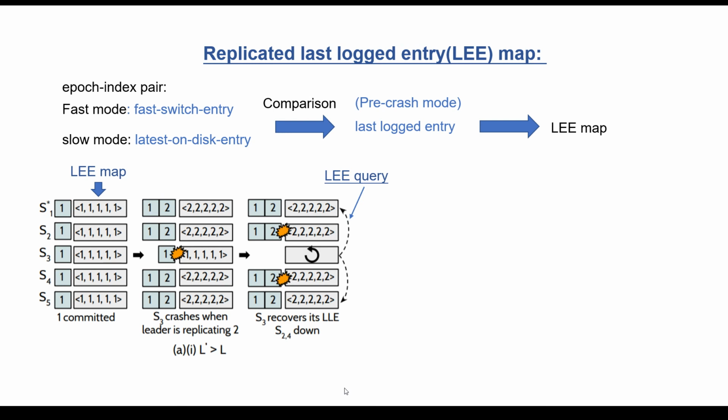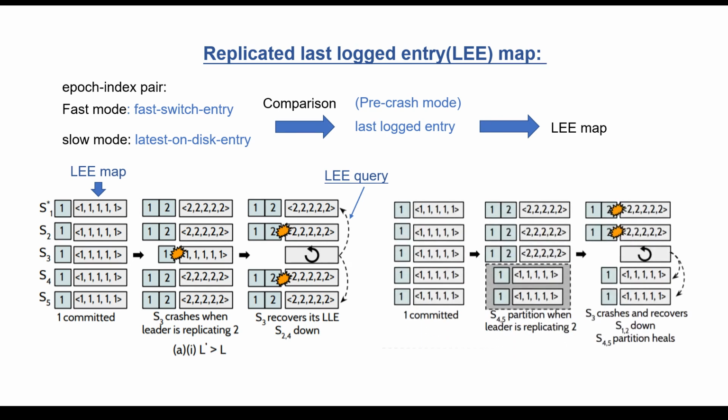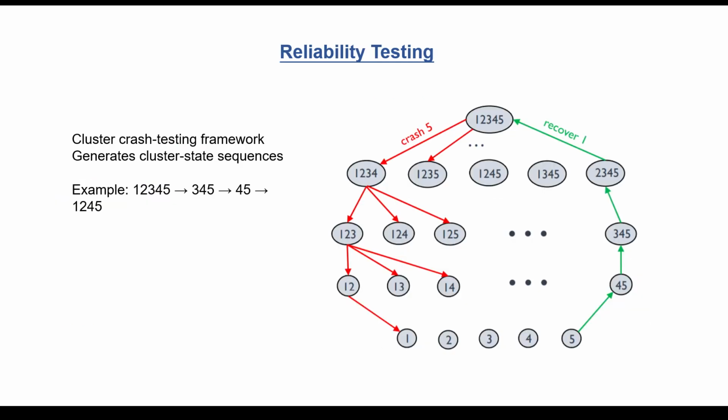Then, after it constructs the LE map, it will reload the data. That is the true mechanism of how SAUCR works. And with this mechanism, we can guarantee that all committed updates are saved in this system.